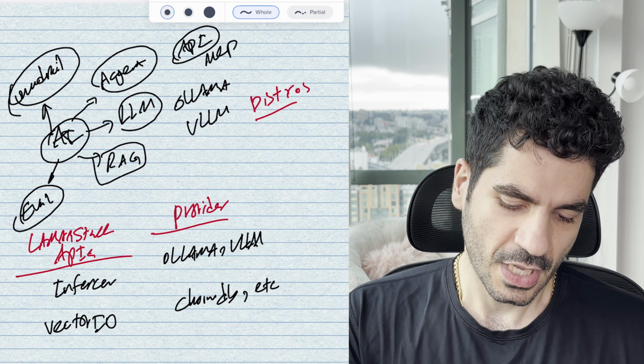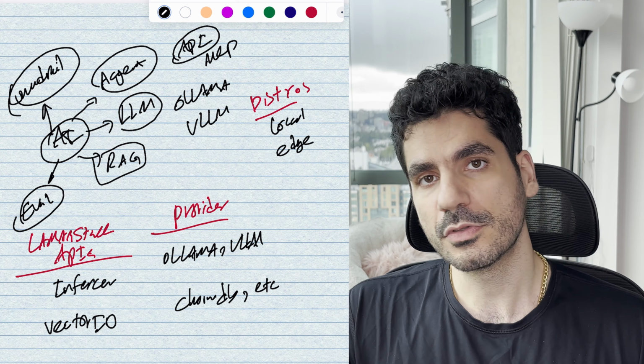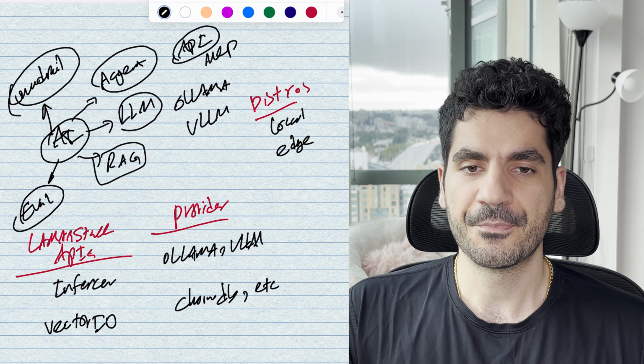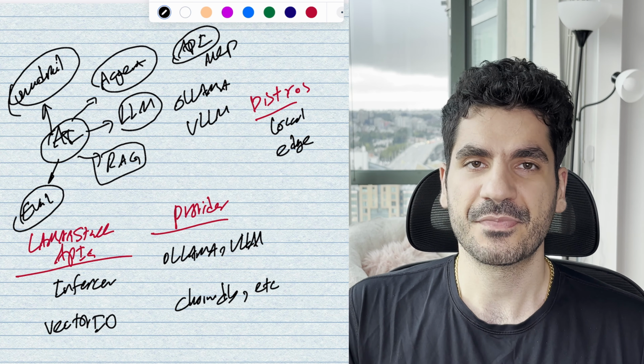So let's say you have a complete separate package for your local setup, for example, Ollama, and then you have ChromaDB and so on, and then you want to have something for your edge, some specific setup for your production environment or for your inference and so on, or you can have some for your cloud. And this set of packages can actually be set up as easily as setting up a config file.